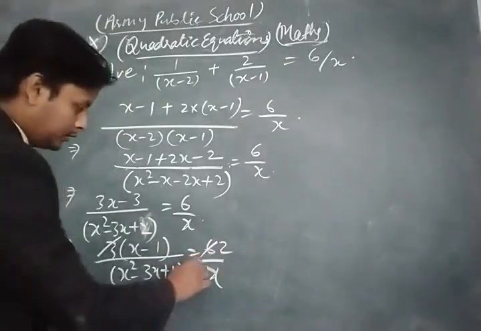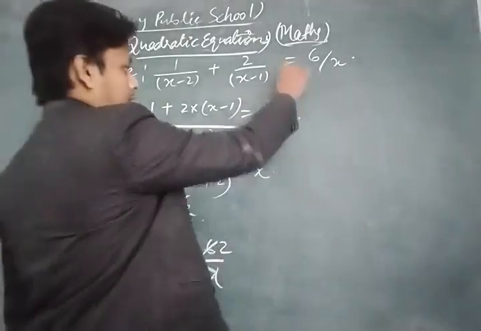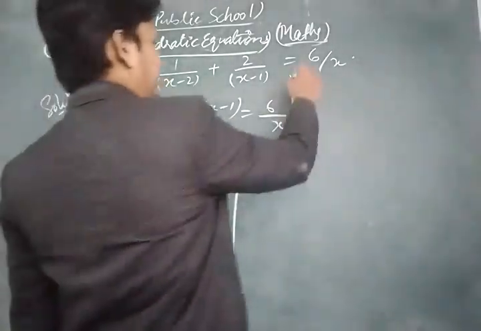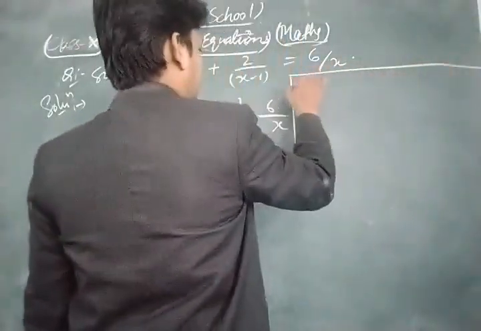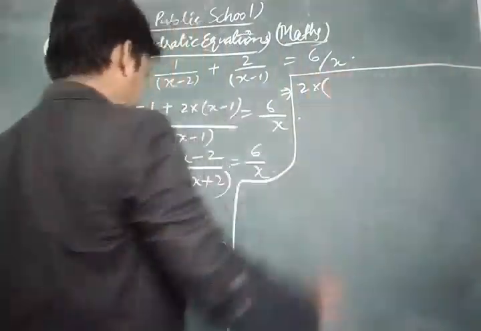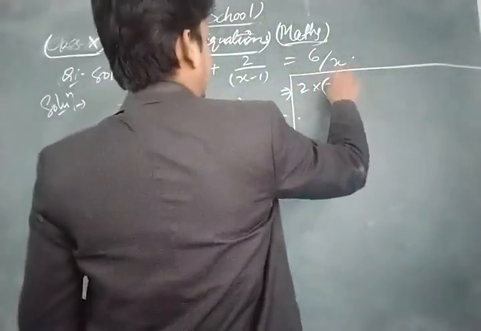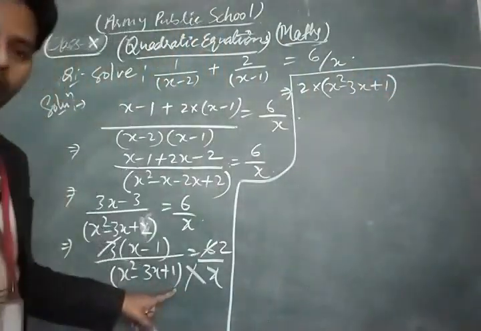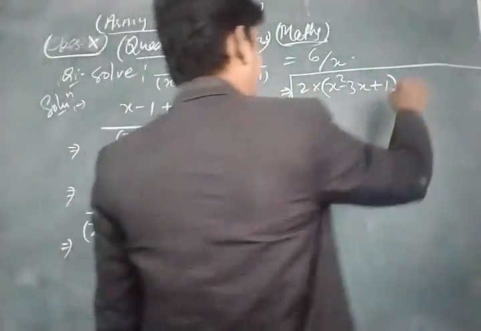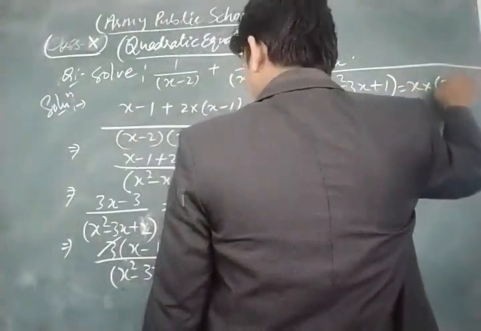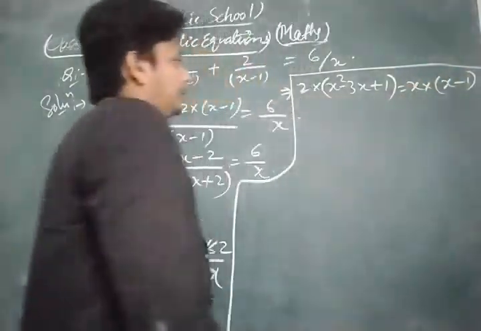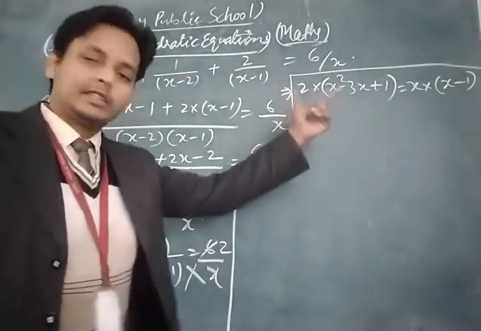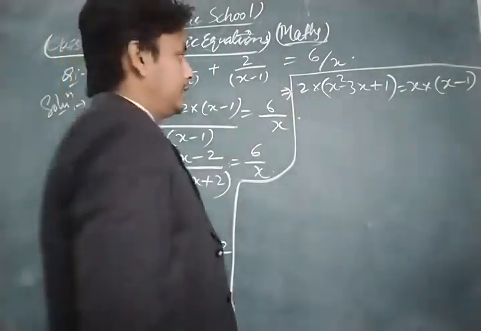Now we do their cross multiplication, dear students. So look, that is 2 into x square minus 3x plus 2 is equal to x into x minus 1. Okay, now we simplify them. Let's see.